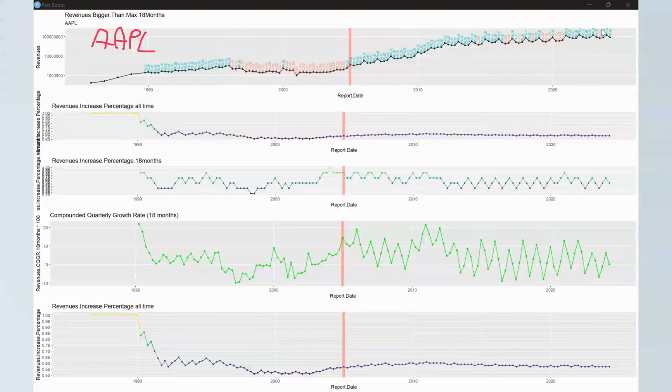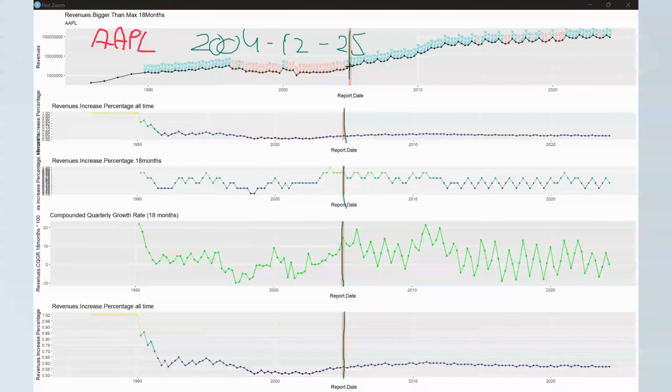For example, what we are looking at here is Apple, and I have highlighted December 25th, 2004. Those lines are a little bit skewed, but it's okay.